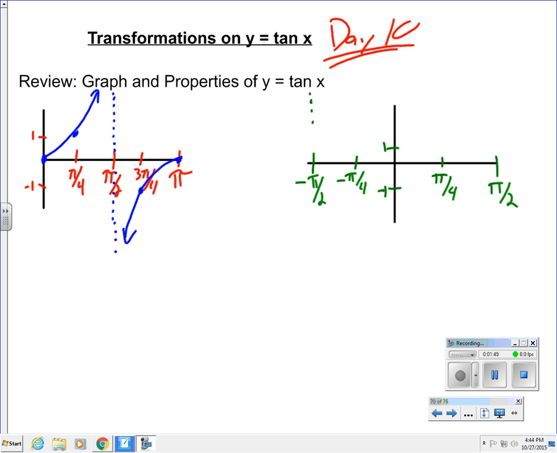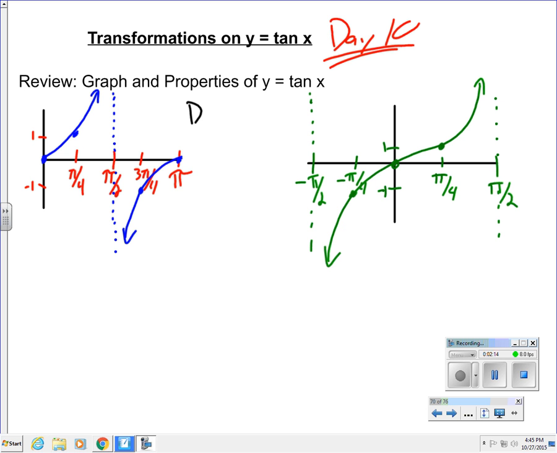So here we start and end at an asymptote. At -pi over 4 is our -A. We still have 0 at 0, and A at pi over 4. Right, and then just our basic properties for the function.